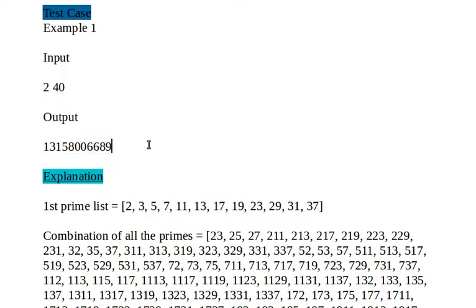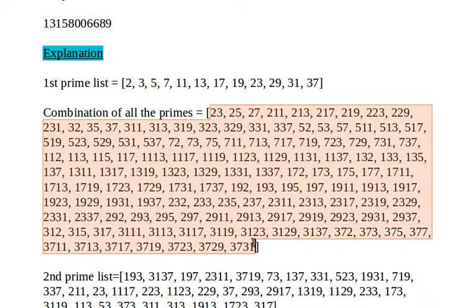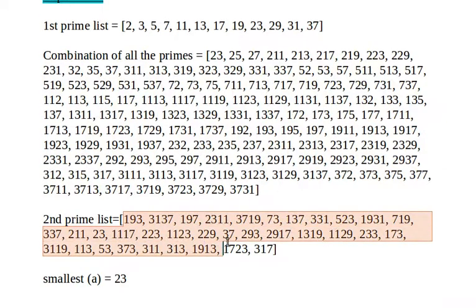The explanation is they constructed the primes from the given range, and then they formed the combinations of all the prime numbers constructed in the first list. Coming to the second prime list, they again extracted all the primes of the combined list, and so they extracted the smallest and the largest from the second prime list.